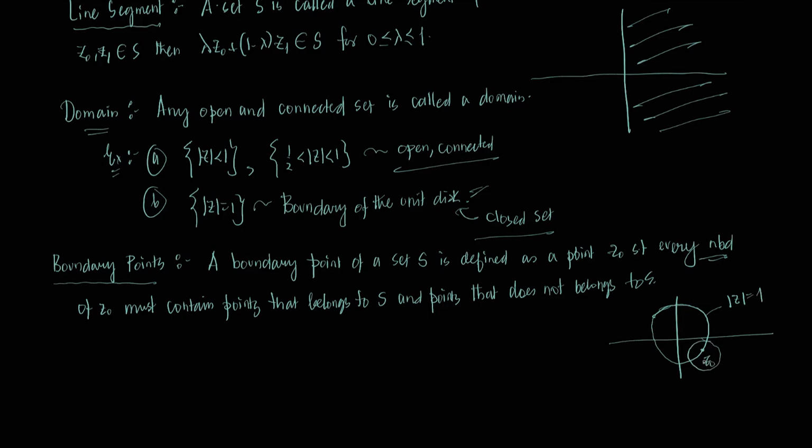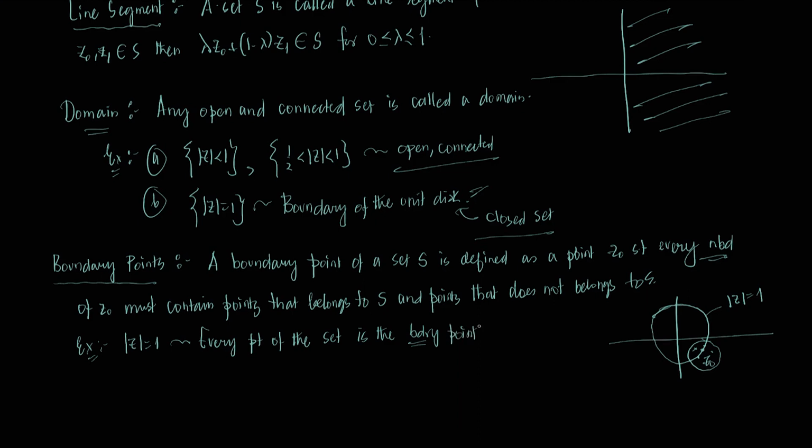It doesn't matter how small a neighborhood you take, you can always find points which lie in the set and points which lie outside the set. Example: mod z equals 1. For this example, every point is a boundary point. Every point of the set is a boundary point. I will write it as BDRY point.